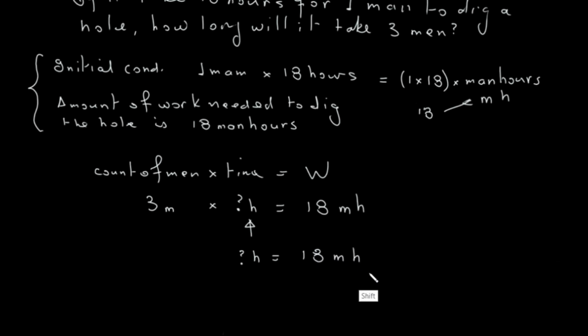Draw the line. Take that over the other side and it becomes divide 3 men. Now units of measurement can cancel out.